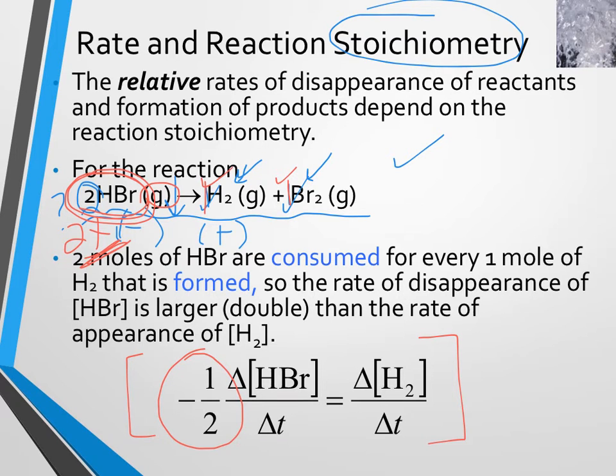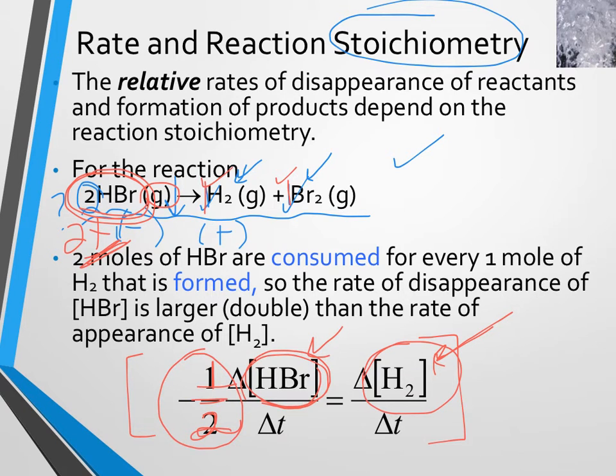In order for the rate with respect to the reactant, HBr, to be equal to the rate with respect to one of the products, we have to put this 1/2. Since the rate with respect to HBr is twice as fast as the rate with respect to H2, in order to be equal, we've got to divide by 2 since it's twice as fast.